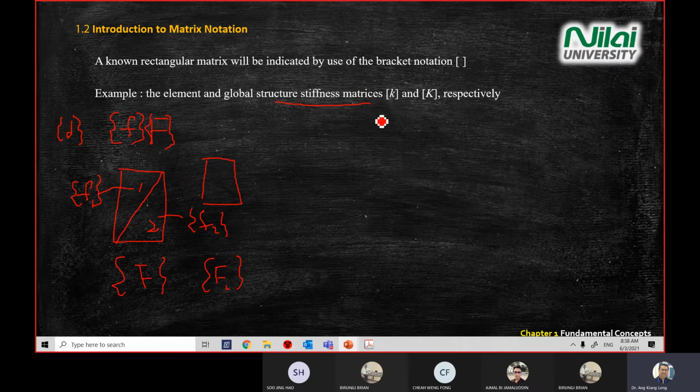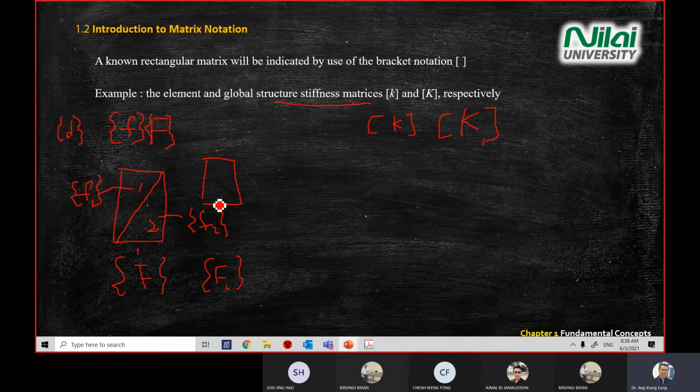If you write the bracket small k, it means you are relating to a small, individual element. If you write capital K with the square bracket, it means you look at the whole structure. So capital K1 means the first structure.